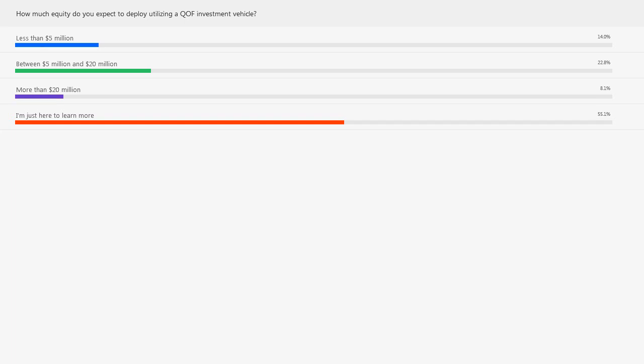With a qualified opportunity fund, you only have to invest the gain. So if you had a $2 million asset with a $1 million basis and a $1 million gain, if you did a 1031 exchange, you'd have to invest $2 million. If you did a qualified opportunity fund investment, you'd only have to invest $1 million.